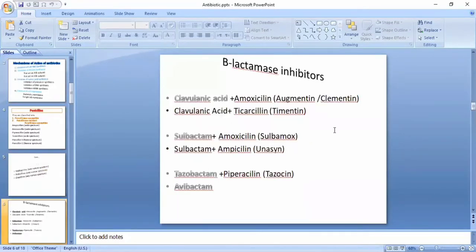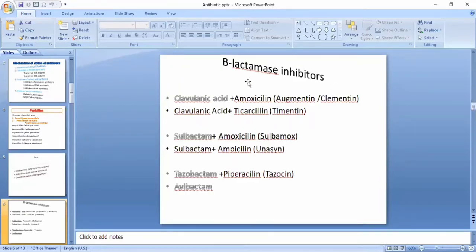Now, what are the beta lactamase inhibitors? Beta lactamase, as you know, is an enzyme produced by the bacteria, and in this way this enzyme makes the penicillin inactive. So what happens? We use the beta lactamase inhibitor.